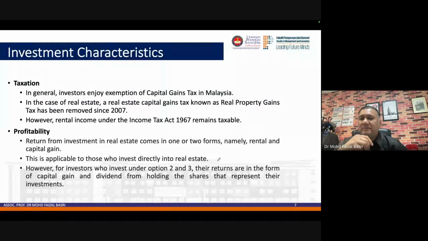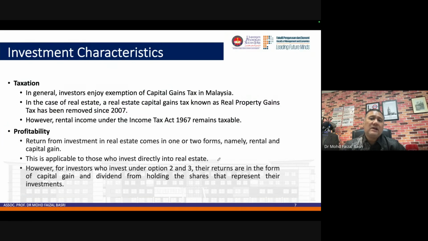And as I mentioned, profitability selalunya datang dalam dua bentuk lah. Okay, kalau you invest directly as an option one tadi, your income boleh datang dalam bentuk rental ataupun capital appreciation, capital gain. Kalau option 2 dengan 3, dia punya return yang pertama bukan dalam rental tetapi dalam bentuk dividend. And at the same time, you have the possibility to get capital gain as well.